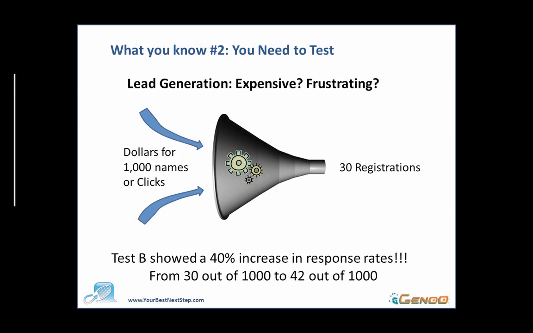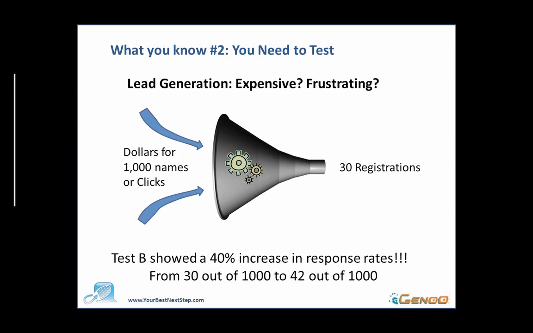Let's take a look at what an actual test might look like. So we're going to spend some dollars or euros or pounds, and we're going to get 1,000 names or 1,000 clicks, depending on whether we're using direct mail, email, or maybe a pay-per-click campaign. And out of that 1,000, we're going to get 30 registrations, a 3% response rate.